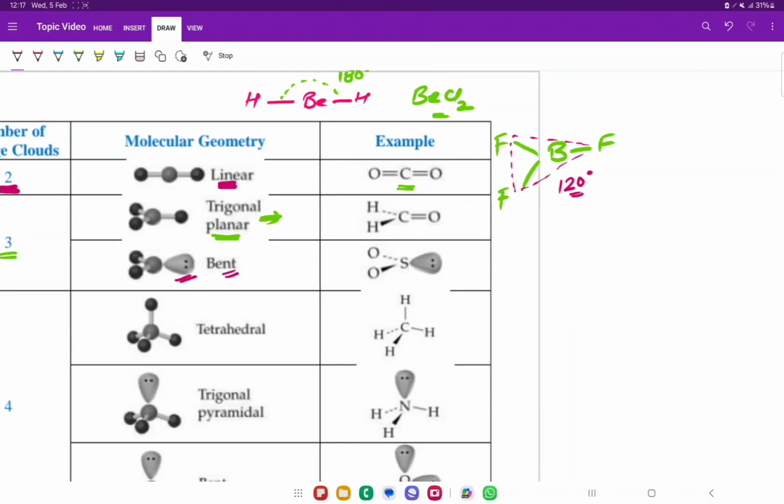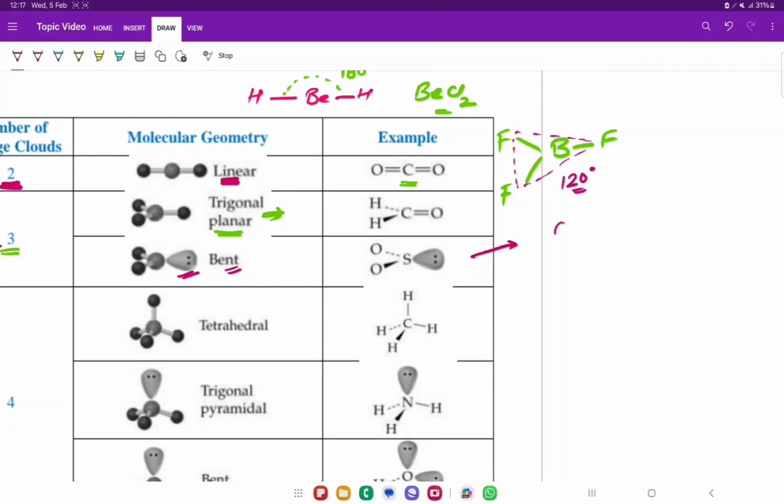The example is SO2. The other example is ozone, O3, in which the two O-O bonds of the ozone have a bent shape, and the bond angle will be less than 120 degrees. We can write less than 120 degrees, but in case of ozone, we know it is 117 degrees, so you can write 117 degrees. The shape and geometry will change.